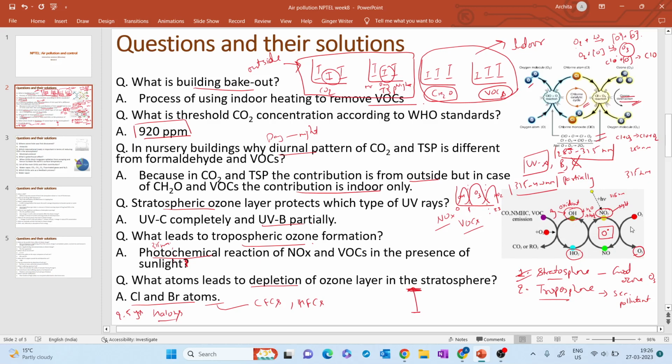But chlorine can reduce this process in two ways. One is that it can react with the oxygen atom itself and form chlorine oxide and further the oxygen molecule, or it can react directly with the ozone. So both ways it is depleting the ozone layer.